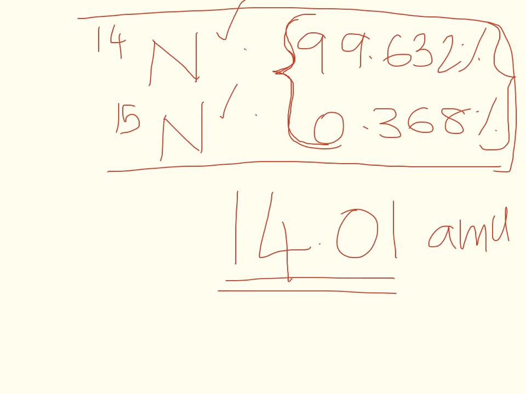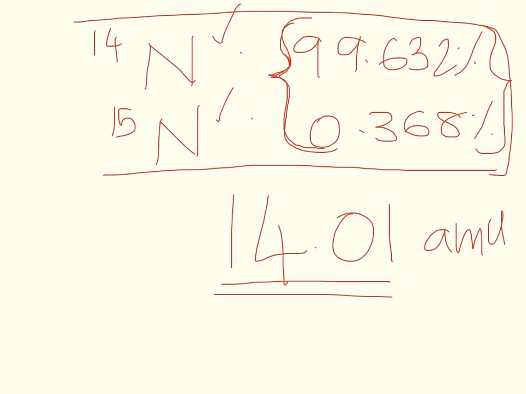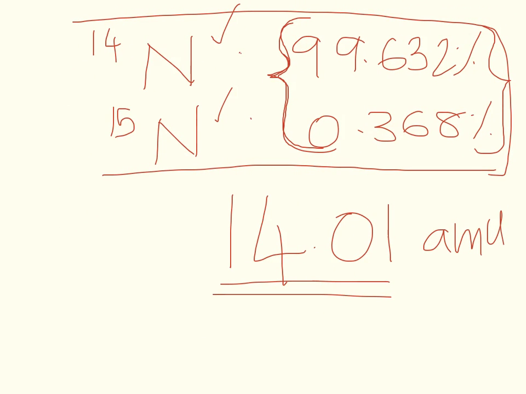Okay, mass of the first isotope, nitrogen 14, is 14.003074. Let me use another slide to make it easier.